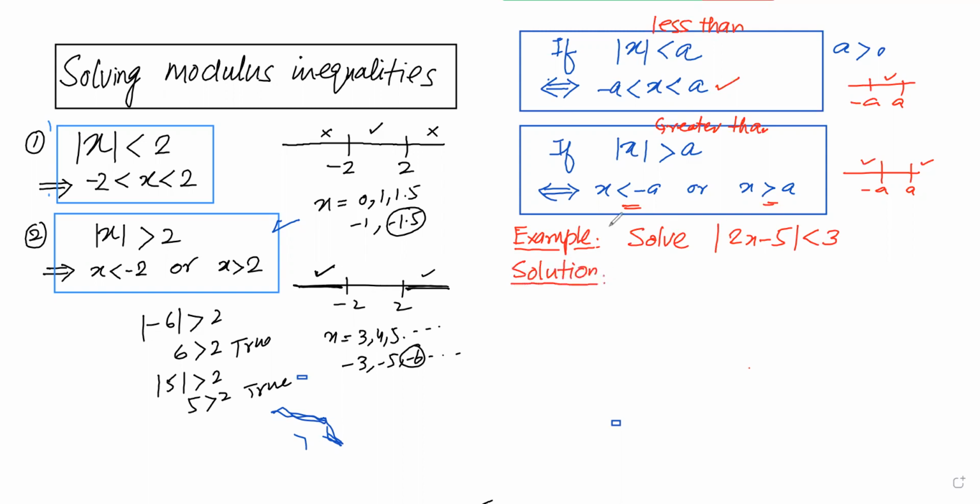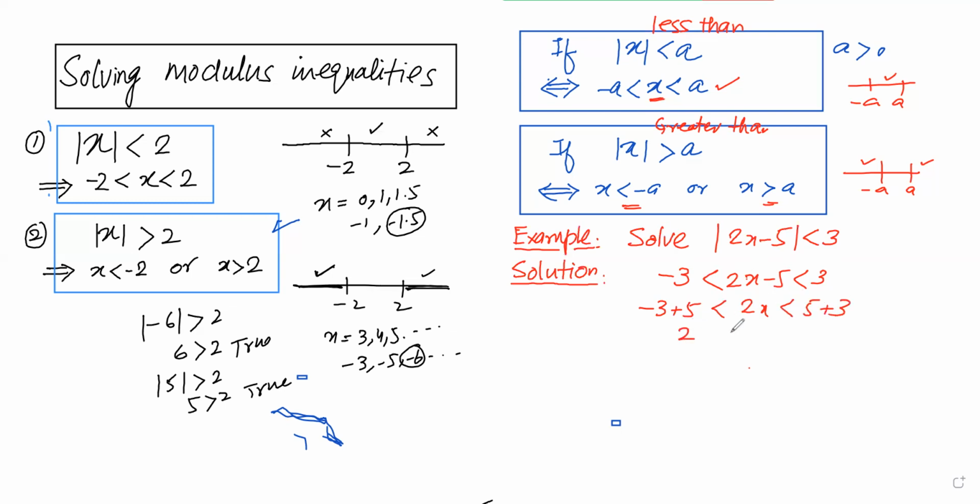For the less than case, we keep 2x minus 5 in between, with two inequalities open towards the right. Write minus 3 here, write 3 here, and then you can split into two inequalities or do it directly. Minus 3 plus 5 is less than 2x is less than 5 plus 3.